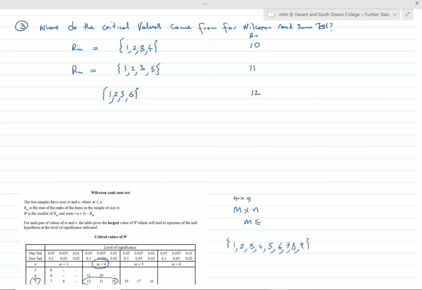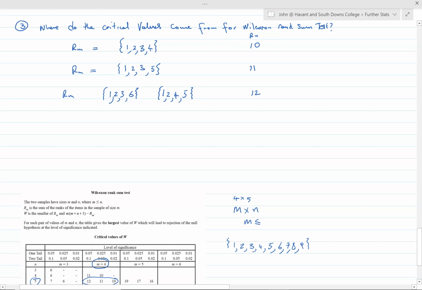We can also get it by having the first 2 in the smaller group, the next one in the other group, then the next one in the smaller group, and the next one again in the smaller group. Both of those give us an RM value of 12.